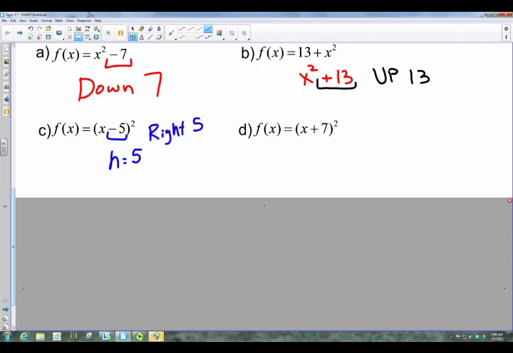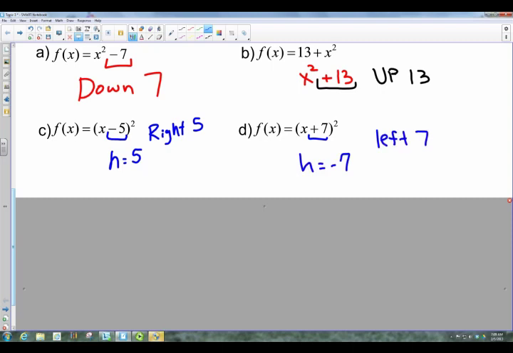Now on this next one over here, you've got the plus 7. That's on the inside again. The only way to make that plus occur is if your h value were a negative. So we're going to say that h equals negative 7, which means I'm moving my graph left 7. Alright, so those are some of those ideas to look for. Just pay attention, make sure you're watching those signs.